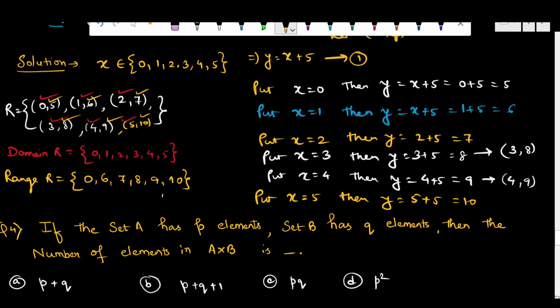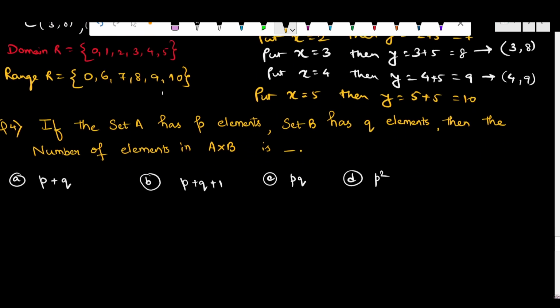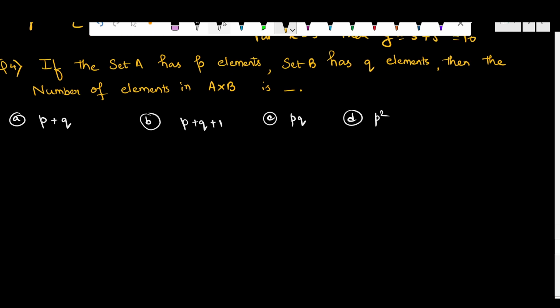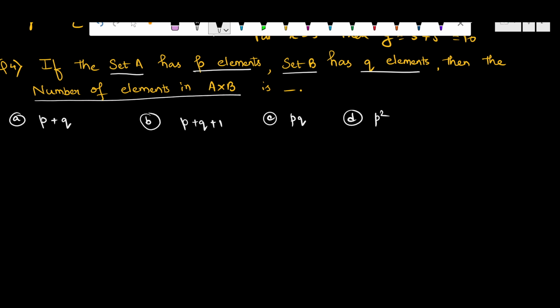Next question. If the set A has P elements, and set B has Q elements, then find the number of elements in A cross B. Now see, the cardinality of A cross B is equal to the cardinality of A into the cardinality of B. This we know, right?